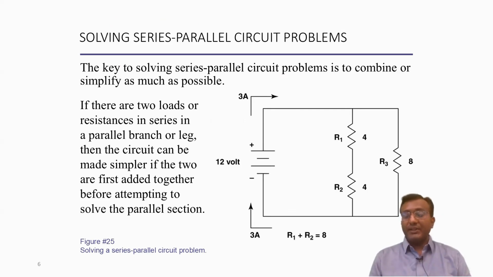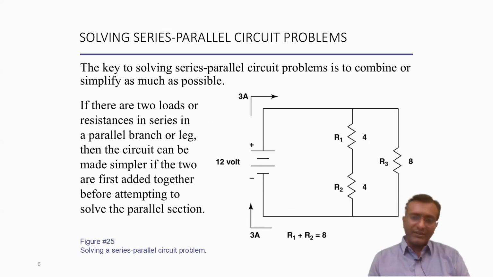Here you can see there are 3 resistors in the circuit: R1, R2, and R3. This problem is simplified. R1 and R2 are connected in series, so we can apply the series circuit law and determine their equivalent resistance.